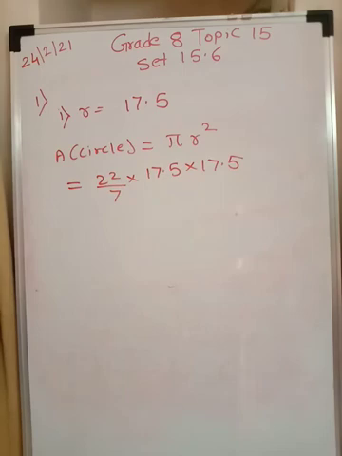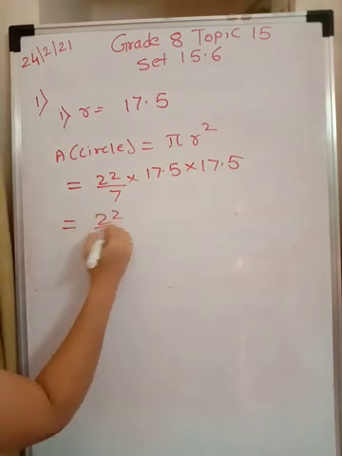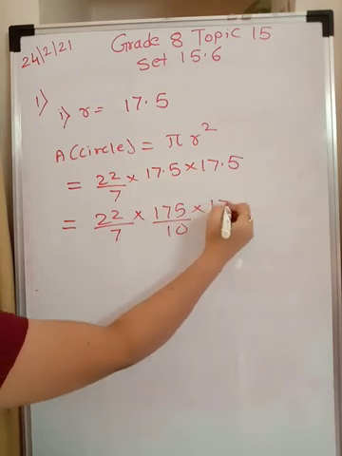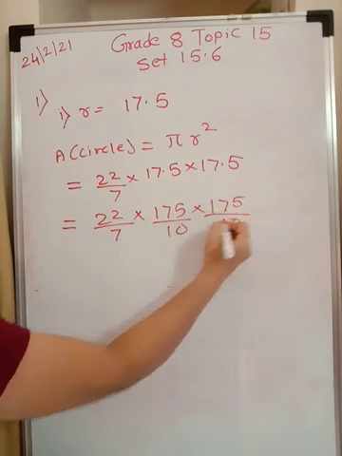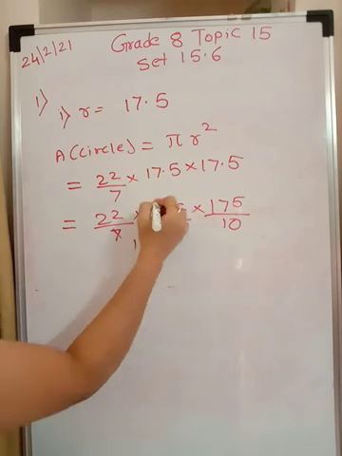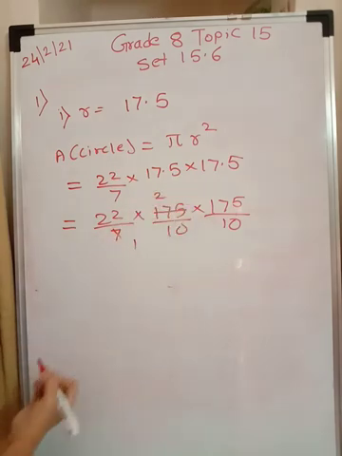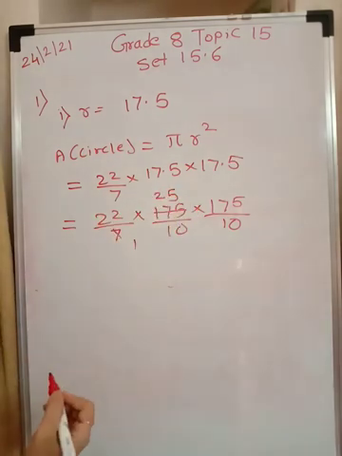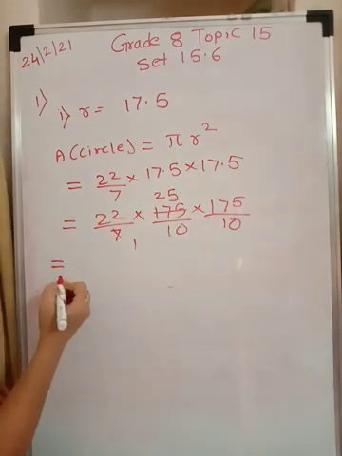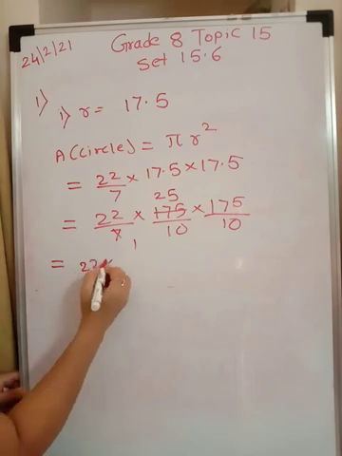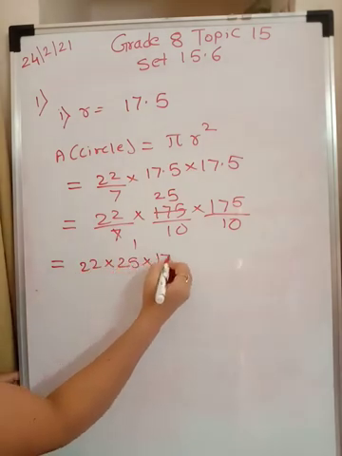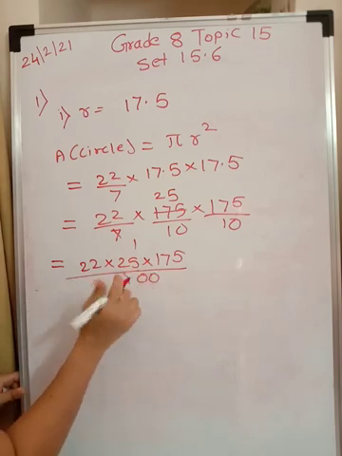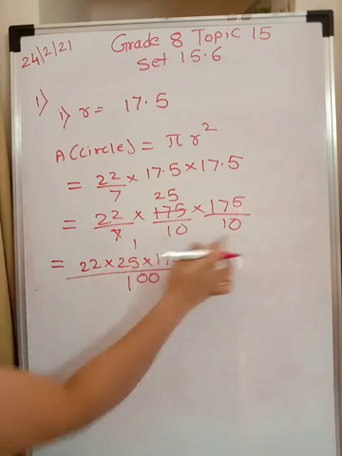That is as good as, similarly we will do, 175 upon 10 into 175 upon 10. So 7 ones are 7, and 7 twos are 14, 3 remain, 25 are. So we are left with 22 into 25 into 175, the whole upon 100, as 10 into 10 is 100.